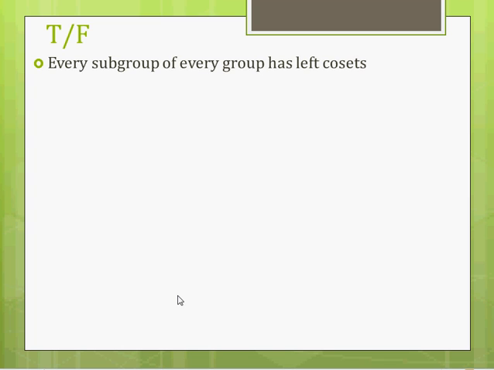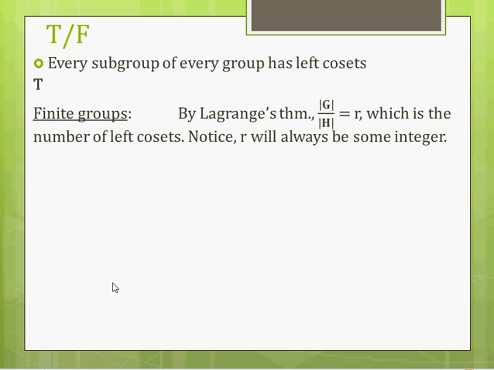What's really helpful for that is to do some true or false questions. For our first true or false question: every subgroup of every group has left cosets. That's true. Why is it true? Let's look at finite groups. For finite groups, we can use Lagrange's theorem. Remember, we just said that.